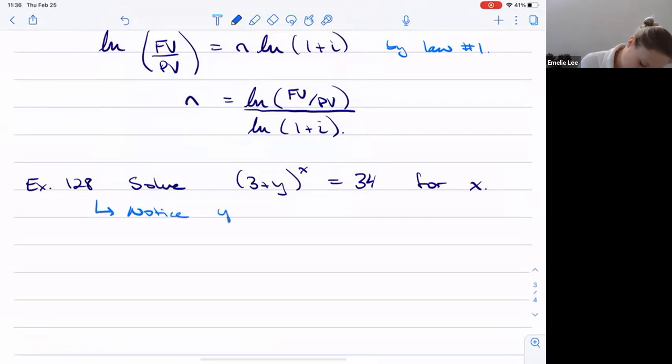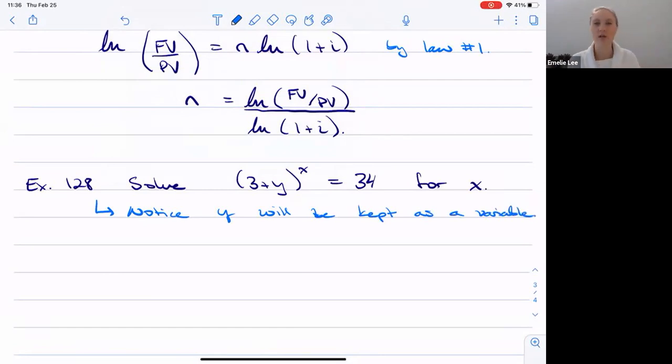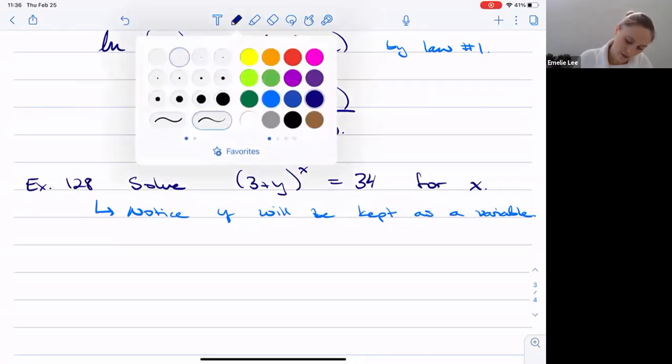Notice y will be kept as a variable, but it's not the one we're solving for, right? It's no different than this 3, right? 3y, whatever, just placeholders.